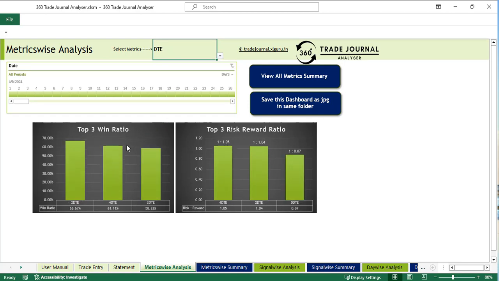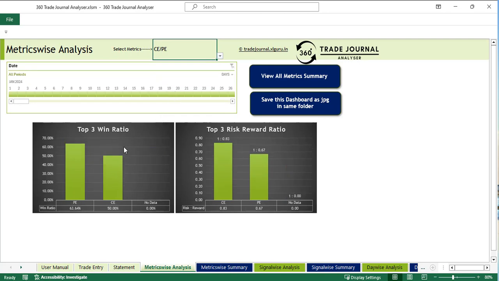On which day to expiry, except 0 DTE, your win ratio is very good. You should know that. Even your risk reward ratio is good on 4 DTE and 2 DTE trades, right? Even call and puts, where you have the most win ratios, call or put, and you can always see that the put has the higher win ratio, right?